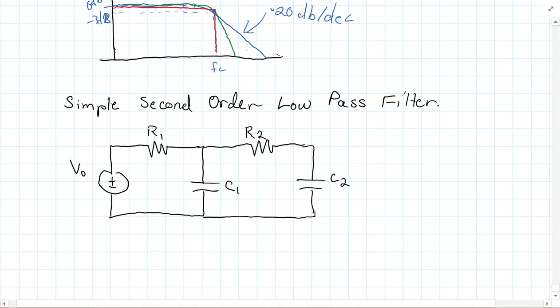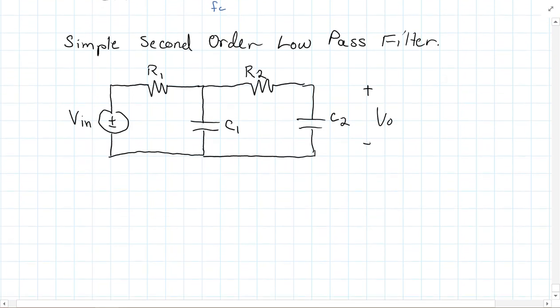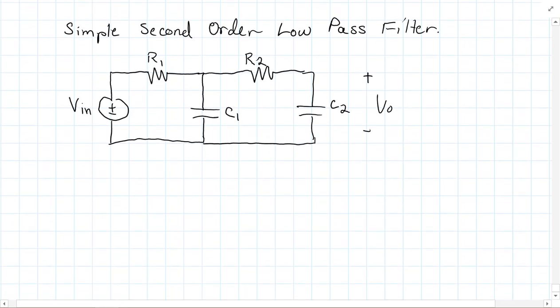So this would be, that's not V out, that's of course VN. And then V out is across the second capacitor here. So this is a simple second order low pass filter.